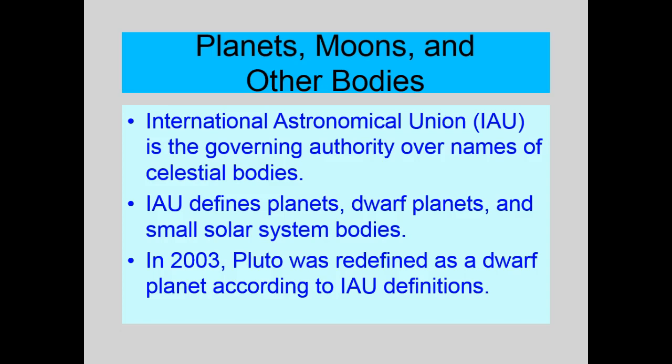One of the main is that it's just not in the same plane that we are. The others are within a fairly thin disk going around the sun, and it's at an angle of about 17 degrees. So it's really bizarre how different Pluto is. So it's been redefined as a dwarf planet according to those IAU definitions. Basically what they did, they refined the definitions in that, throwing out Pluto.